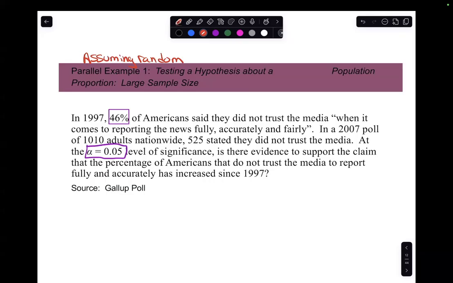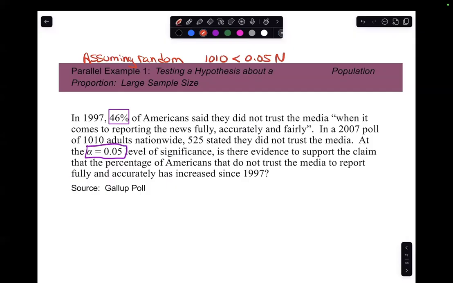So 1,010 is definitely less than 5% of the population of the United States. So I'm going to say that n = 1,010 is less than 0.05 N, where capital N means the population.